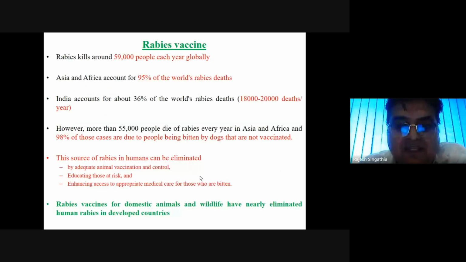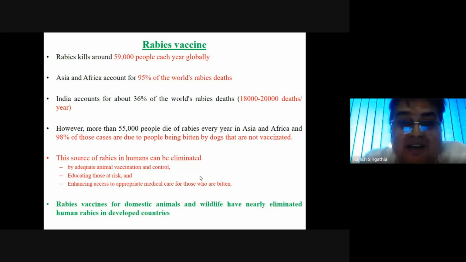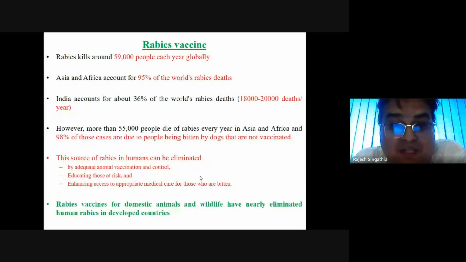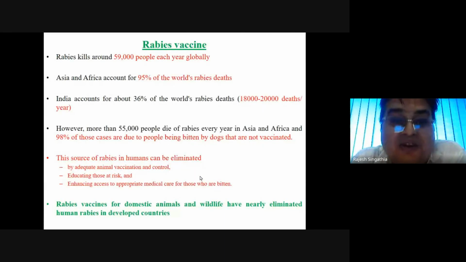We all know that rabies is a very horrible and dreadful disease. Rabies kills about 59,000 people each year worldwide, and out of these 59,000, 95% of deaths occur in Asia and Africa, about 55,000.